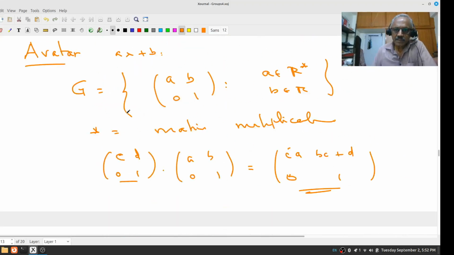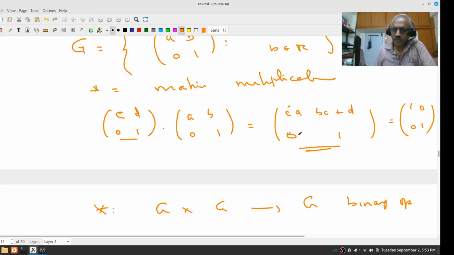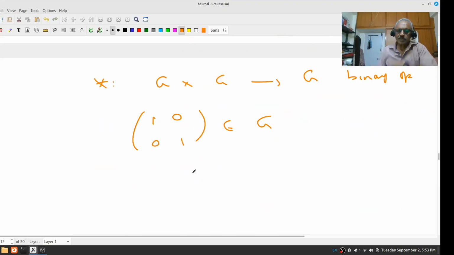Yes. Because what do I want? If you give me A, B, 0, 1, I want to find C and D, another matrix, such that the product must become 1 0 0 1. That means CA must be 1, that means C must be 1 by A. And next BC plus D must be 0. What is unknown? Unknown is D, therefore D is minus BC. Therefore inverse also exists.